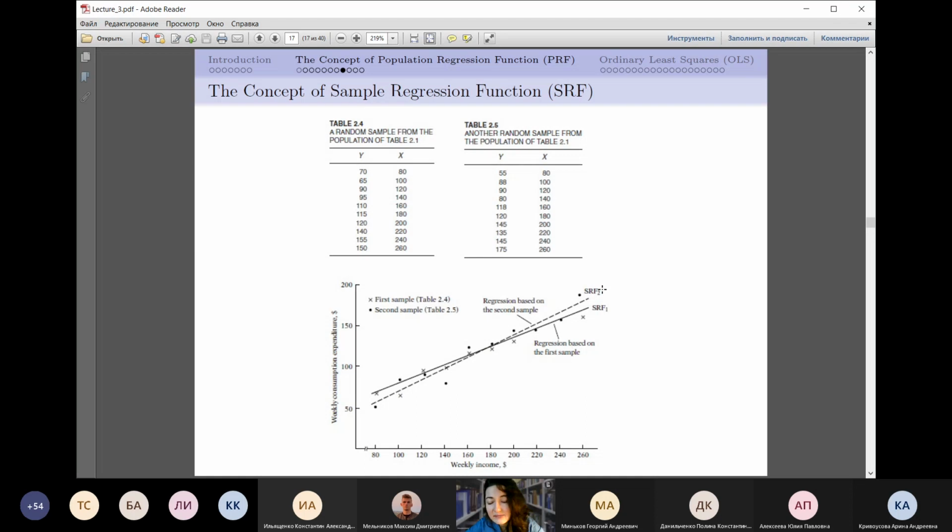Again, it doesn't mean that sample regression line 1, 2, or 3 will be the best one, because we have no way to be absolutely sure which of them.